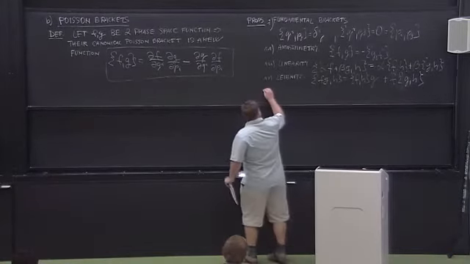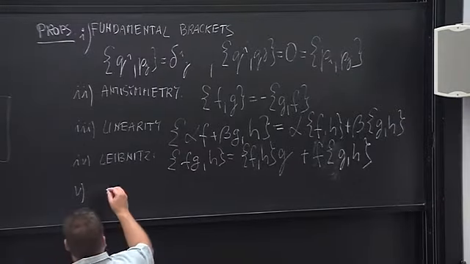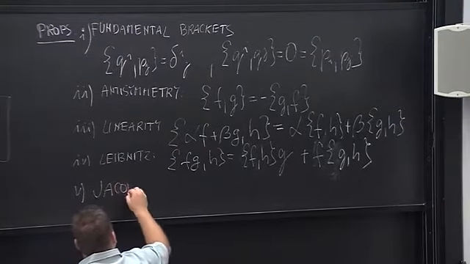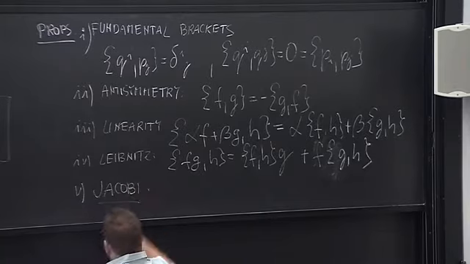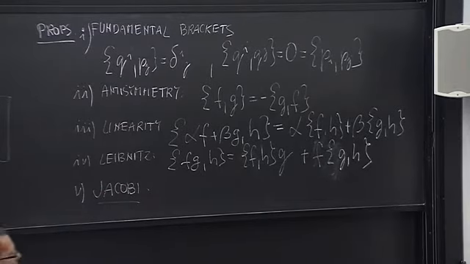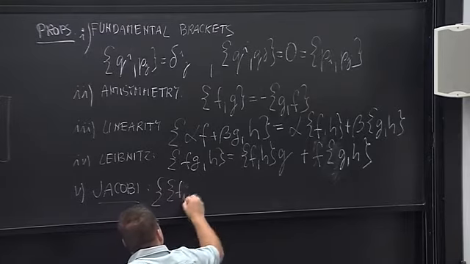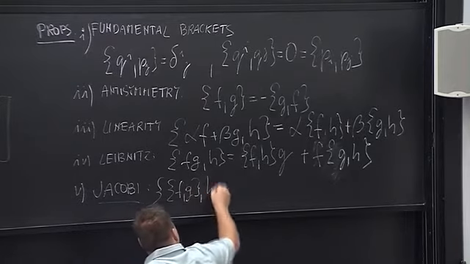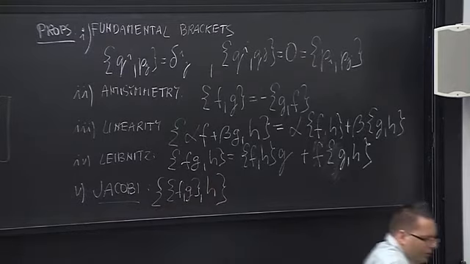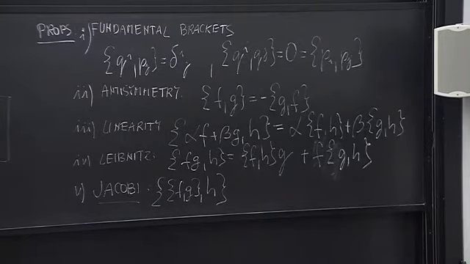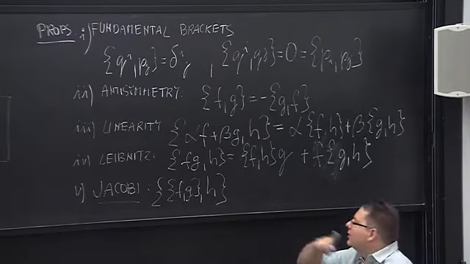So finally, the nice property is the Jacobi identity, which is a really mysterious one, but very powerful one. What you do is you take the Poisson bracket of f and g with h. So now you have 2 Poisson brackets, and then you cyclically permute these things.